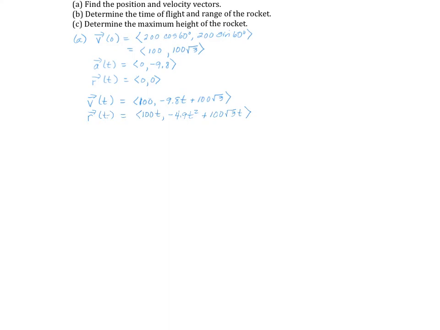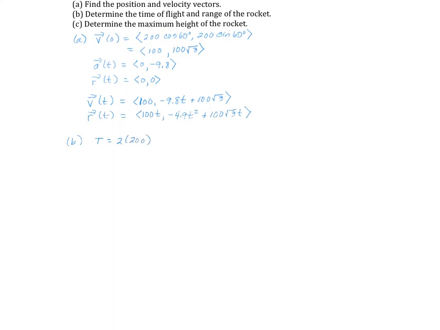Because that was our initial position. Using what's in the summary box, the time of flight, which we're going to let be capital T, that's how long the object has been in flight, is going to be 2 times the magnitude of the initial velocity, and the magnitude of the initial velocity was 200, right?